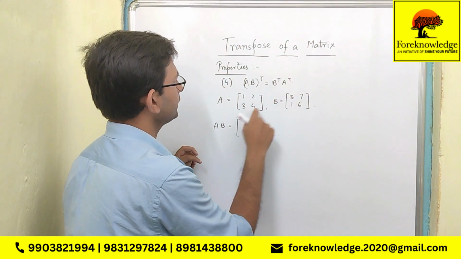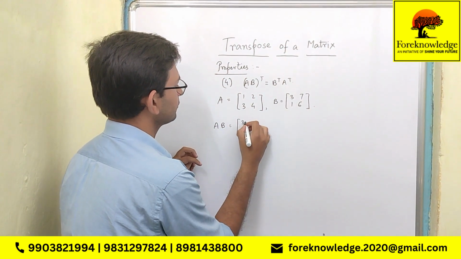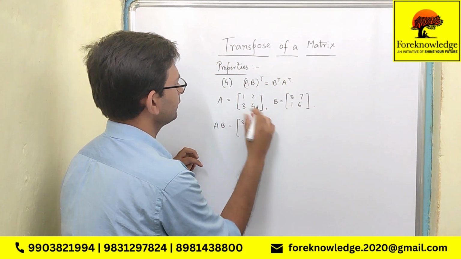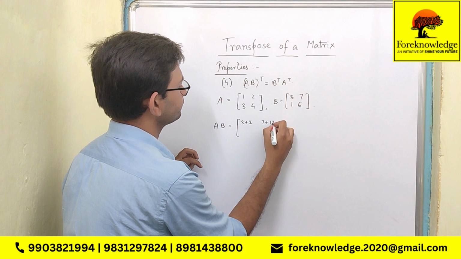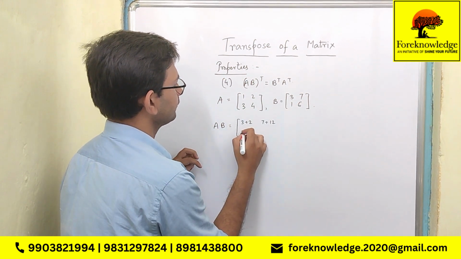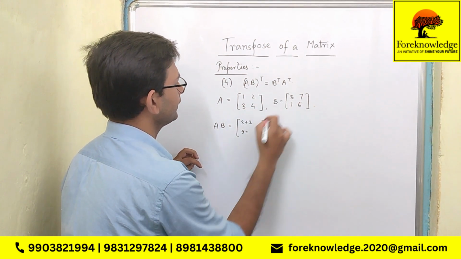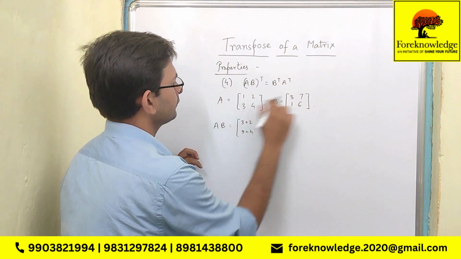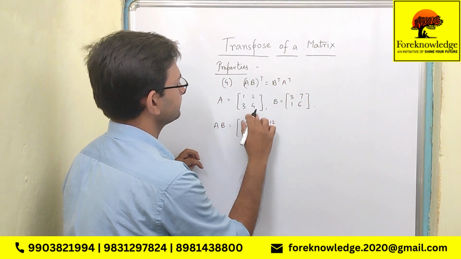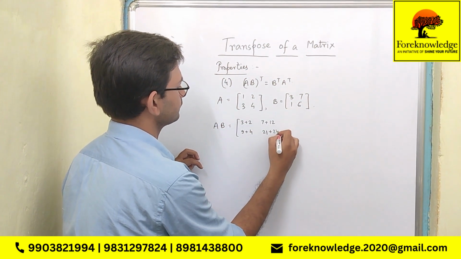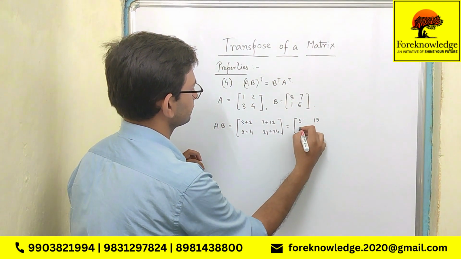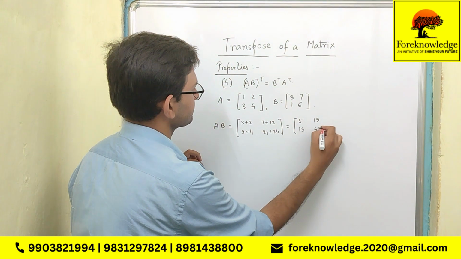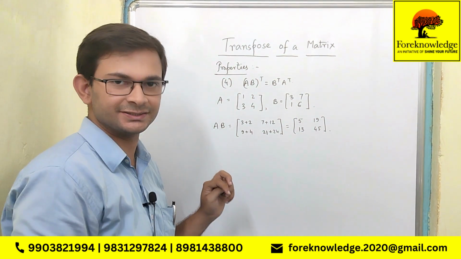So 1 into 3 plus 2 into 1. 1 into 7 plus 2 into 6. 3 into 3 plus 4 into 1. 3 into 7, 4 into 6. This is what AB is.